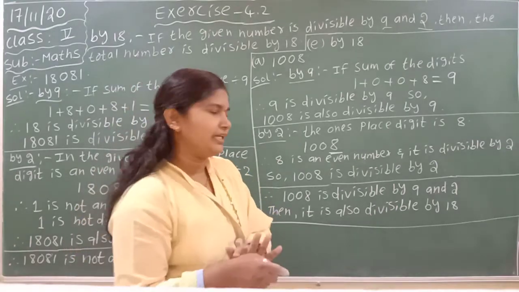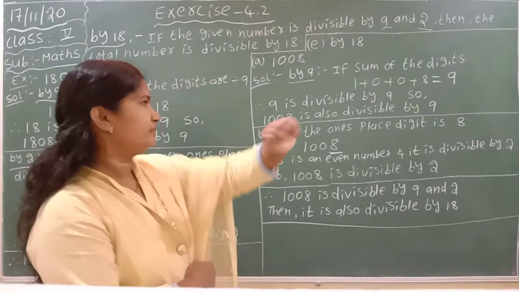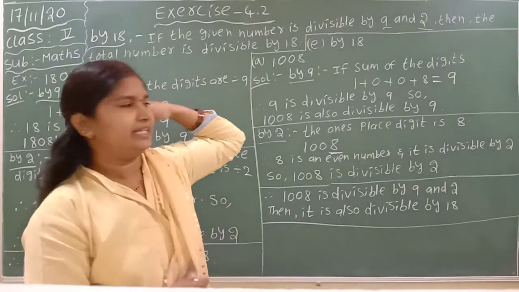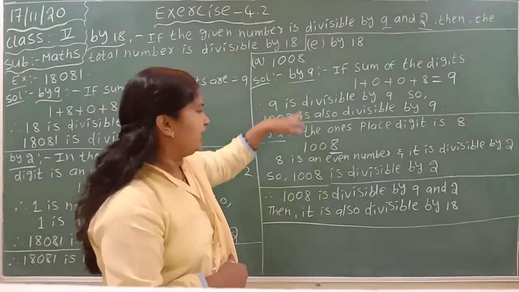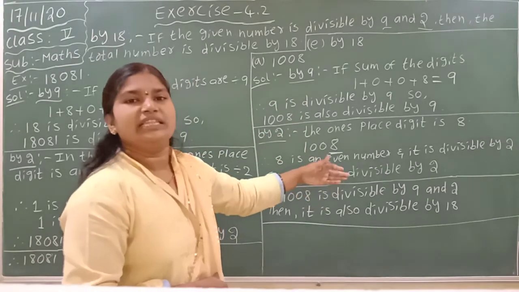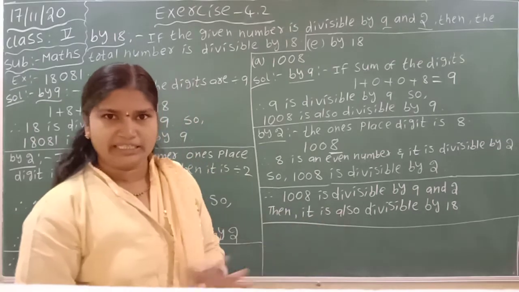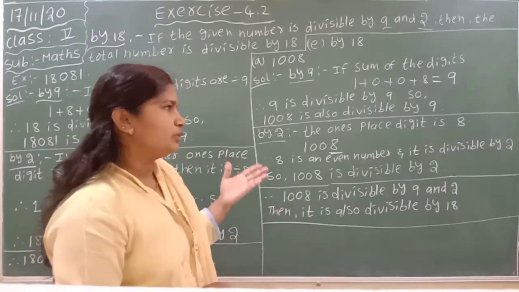Okay, if you understood clearly, same like this. The first question 1008 is divisible by 9 and divisible by 2, then it is automatically divisible by 18. Some more questions are there.